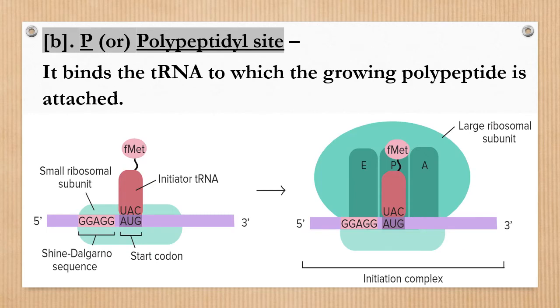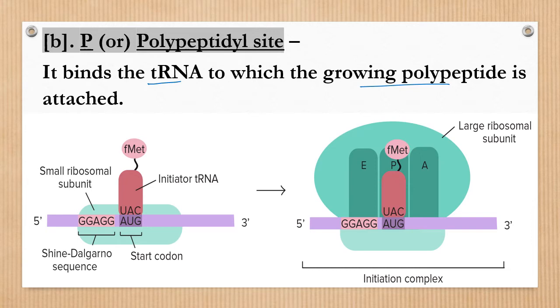And the second one is the peptidyl site. This peptidyl site binds the tRNA to which the growing polypeptide is attached. So now let's see the diagrammatic representation.